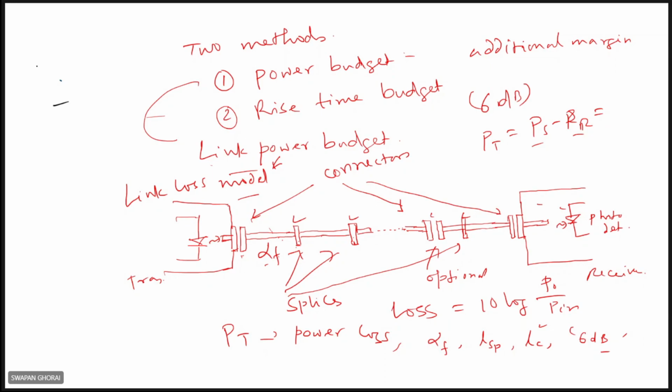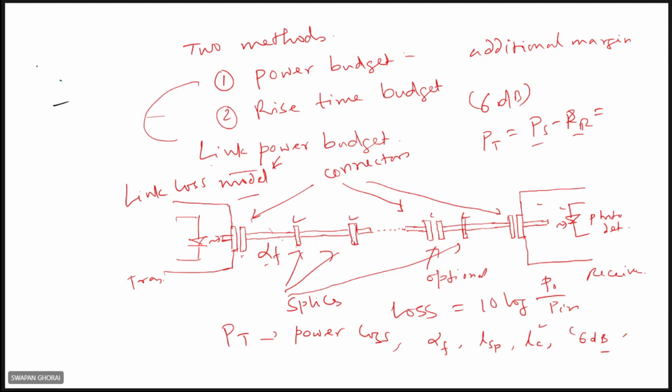I told you three key requirements: transmission distance, data rate or bandwidth, and the bit error rate if it is a digital system. So after choosing the components, you have to check whether they can meet the system requirement or not.